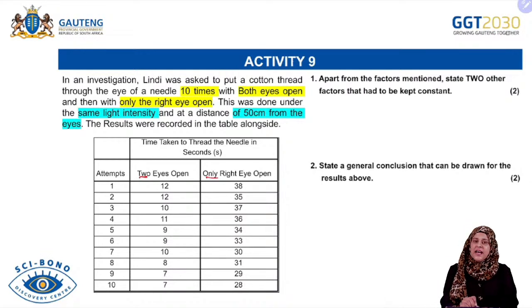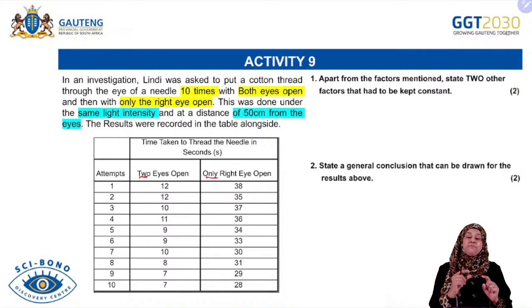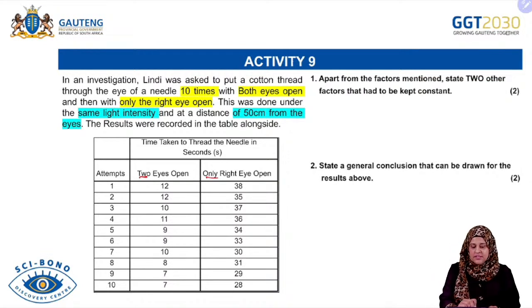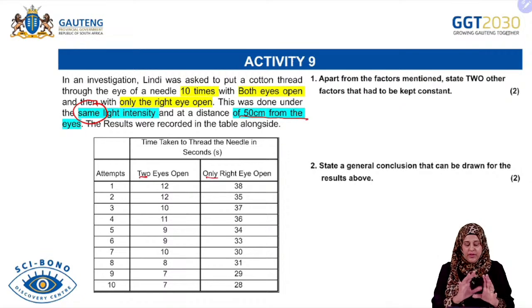And then we are looking at the time that it takes Lindy to thread that cotton through the eye of that needle. Because we are measuring the time, that is the dependent variable. Okay? Right. And what is kept constant? The light intensity is kept constant, same light intensity, and the distance is the same, 50 centimeters from the eyes each time. Right, so we unpacked that.